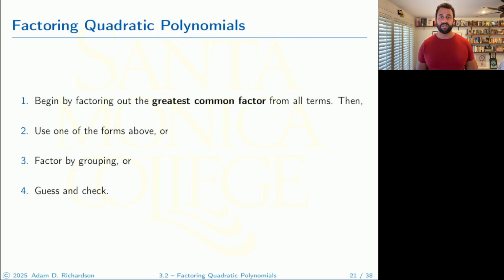Factoring by grouping is a little more procedural. It's a little more algorithmic, and so I'm going to show you how to do it here. But I want to say this here. I don't have it written down, but you can use whatever factoring technique you are comfortable with in this class. You don't have to do it this way. There will be a couple times on the homework where I ask you to do it this way, just for your own edification and your own practice.